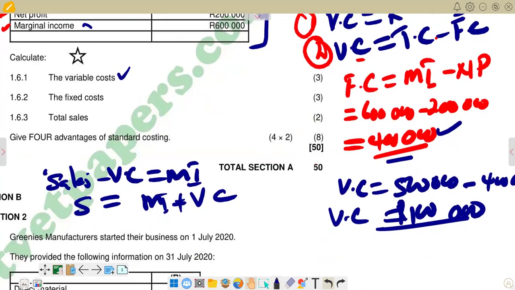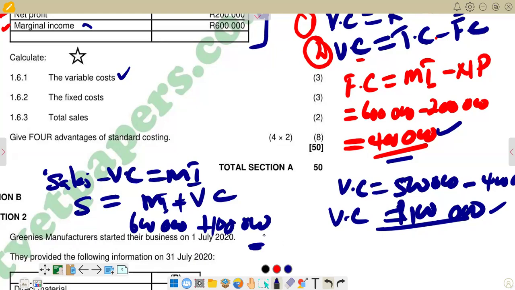So we are saying 600,000. And then we add our variable cost. Variable cost, we calculated it there. And what did we get for variable cost? Variable cost is 100,000 here. So here we're adding 100,000.